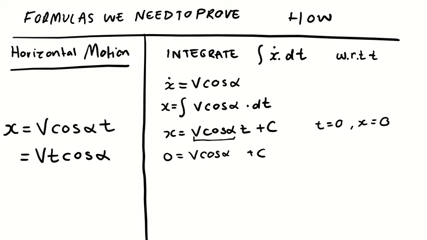Sorry, I'm subbing in 0 for t here as well. So c is going to be 0, and I'd show these things. Therefore my equation for x is just going to be v t cos alpha. And that's the proof to get to this formula. So now we have a formula for the horizontal motion in terms of x and t.